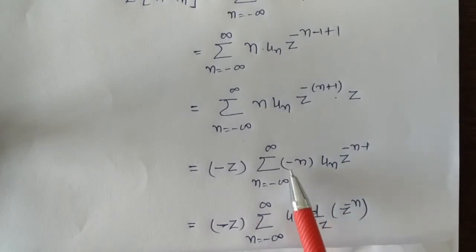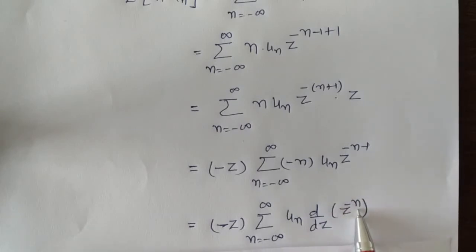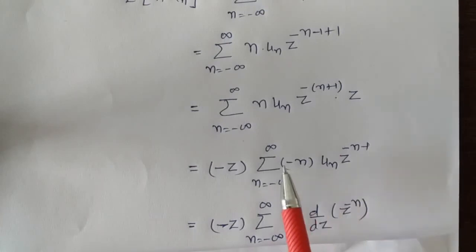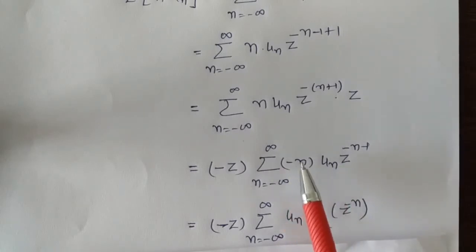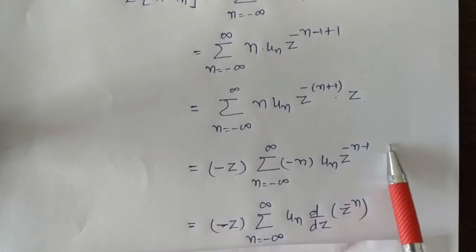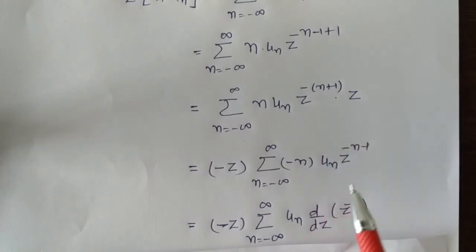We can write this as d by dz of z^(-n). Now if we differentiate z^(-n) with respect to z, then we get minus n z^(-n-1). So we write minus n z^(-n-1) as d by dz of z^(-n).